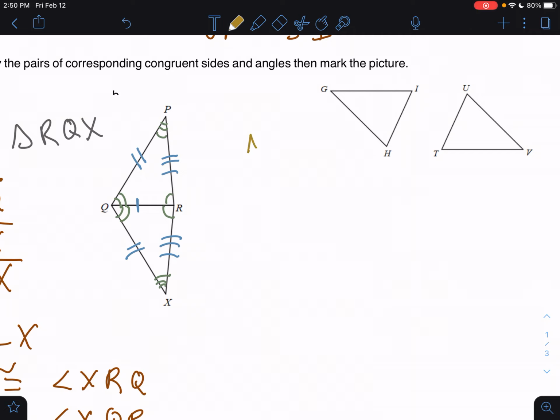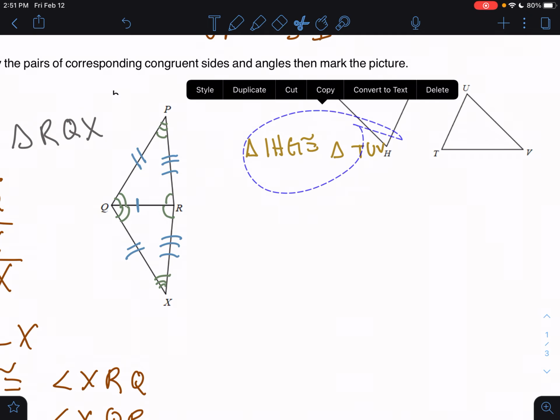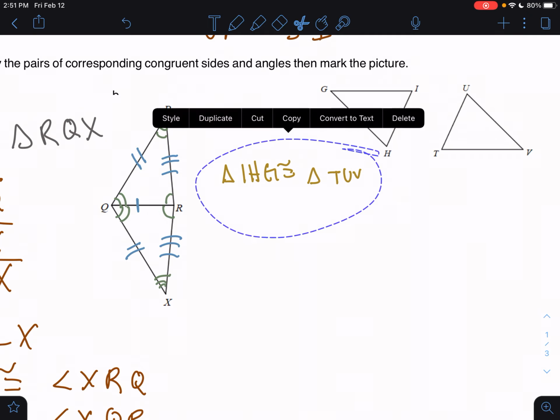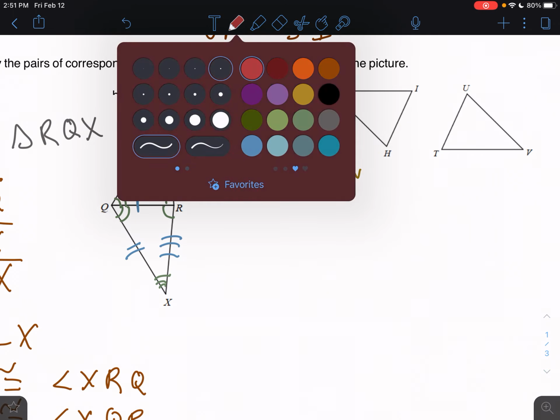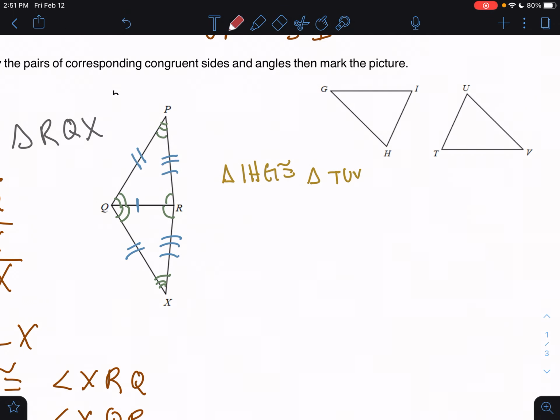Okay, we have one more for our notes for today. So this says that triangle IHG is congruent to triangle TUV. So let's take that, and we are going to mark our triangles first. So I'm going to start with my sides.